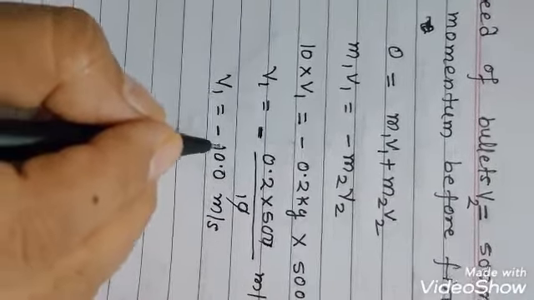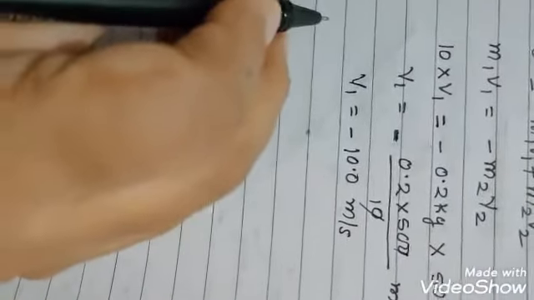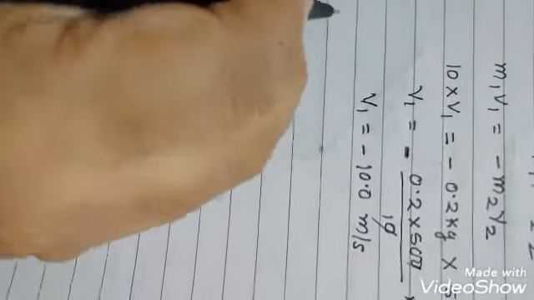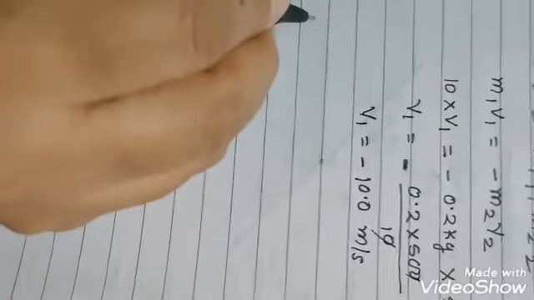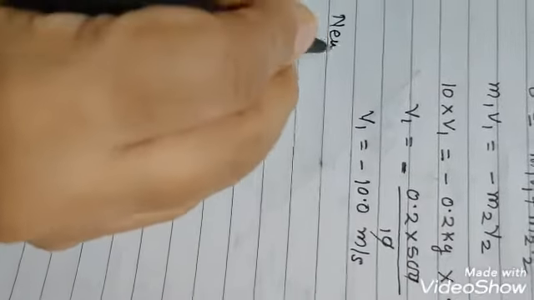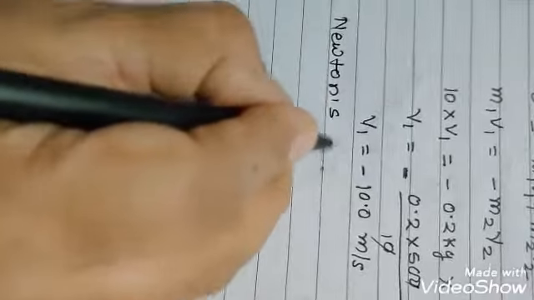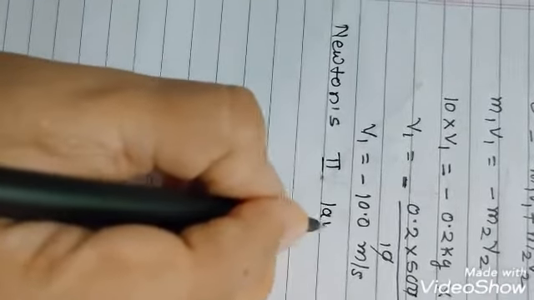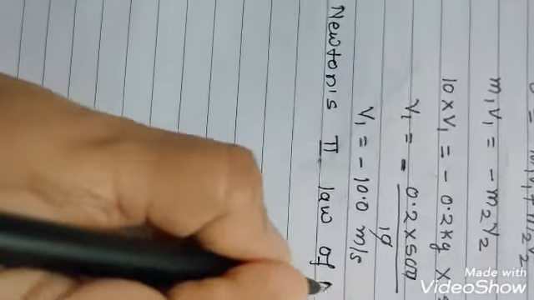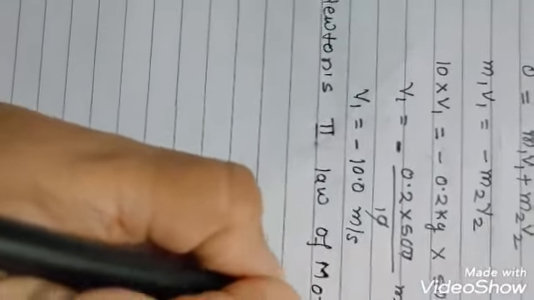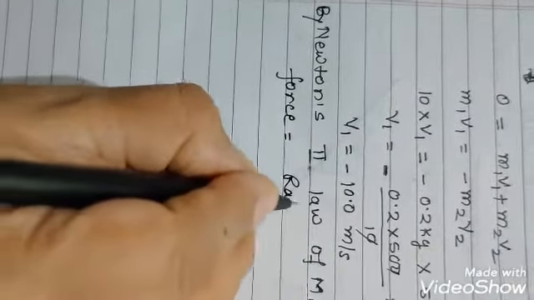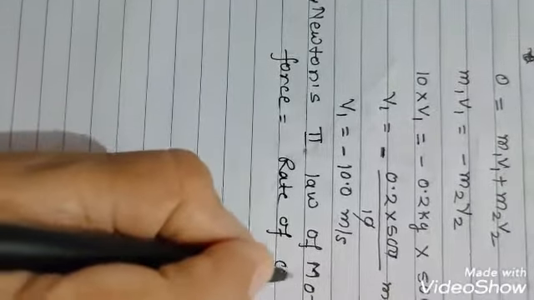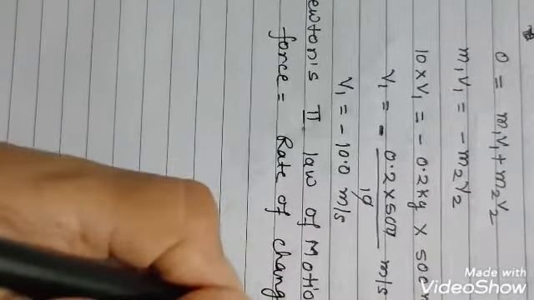Now what force will be there on the gun, that we have to calculate. We know by Newton's second law of motion that force is equal to the rate of change of momentum.